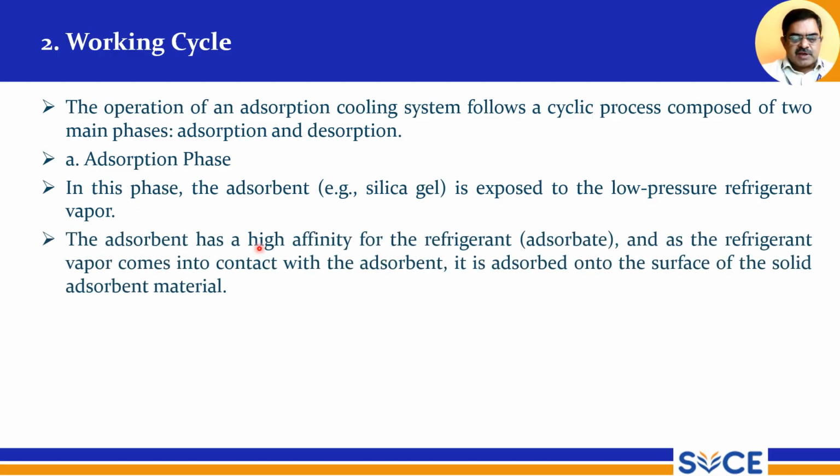The adsorbent has a high affinity for the refrigerant, that is the adsorbate, and as the refrigerant vapor comes into contact with the adsorbent, it is adsorbed onto the surface of the solid adsorbent material. So this is the simple working principle here.